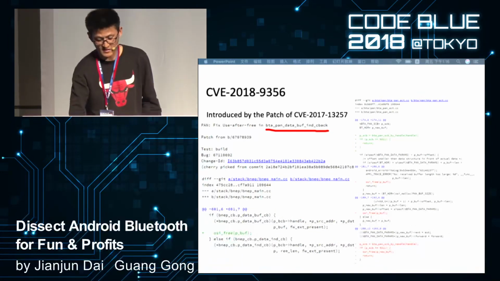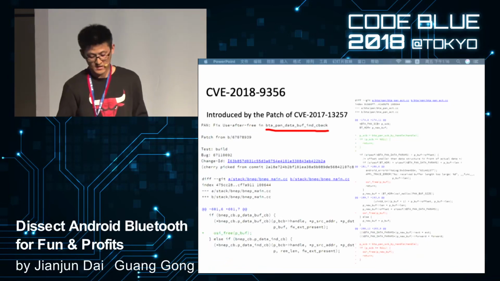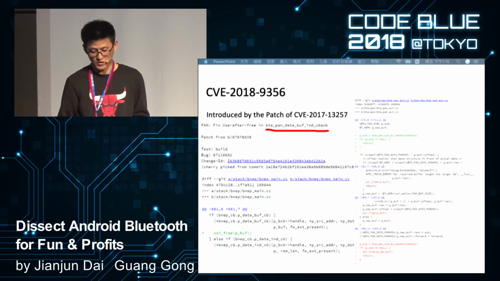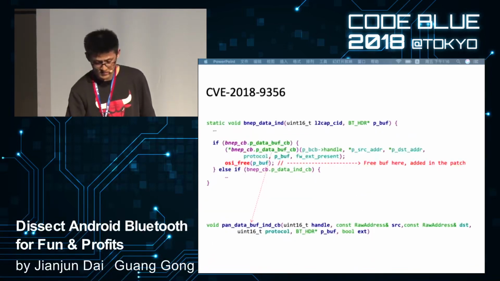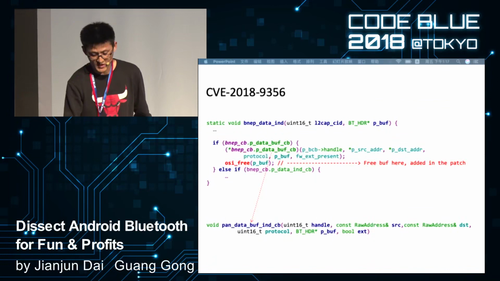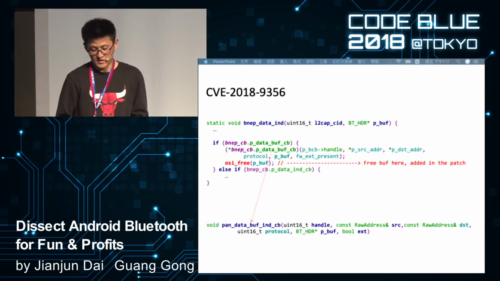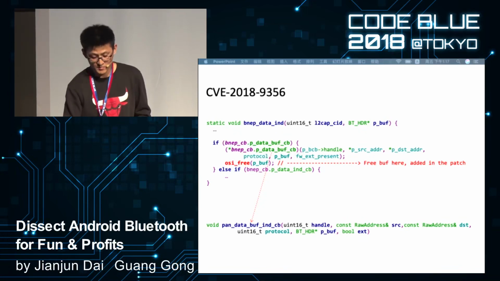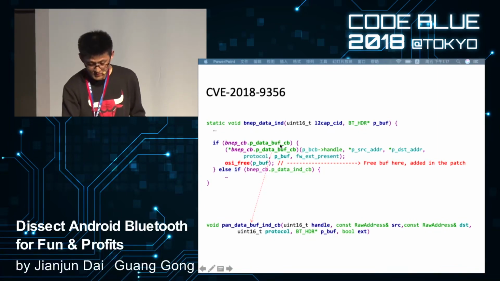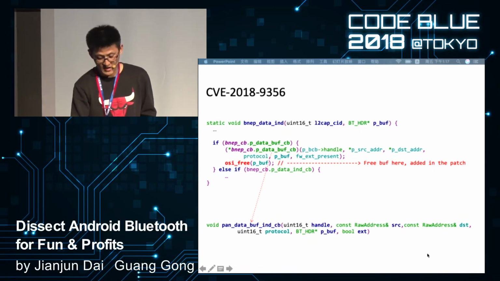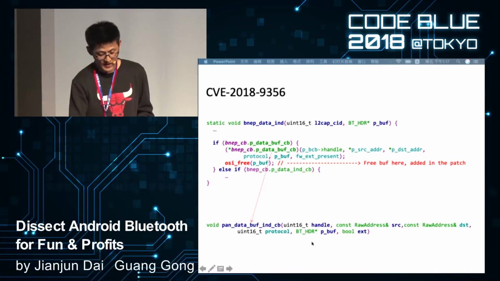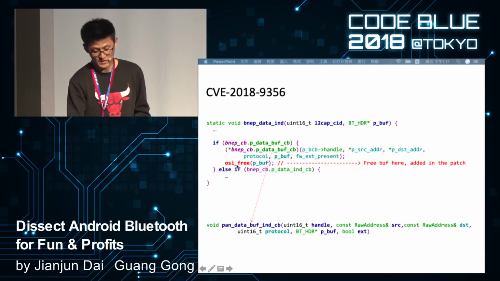Then let's analyze what's wrong with this patch and how it introduced a new vulnerability. In function bnep_data_ind, after handling the BNEP header, it will call the function pointer p_data_buf_cb, which points to the function pan_data_buf_ind_cb. After that ends, it calls osi_free.